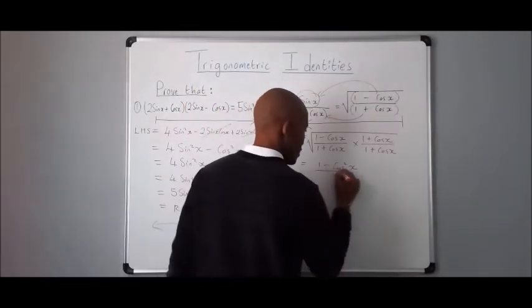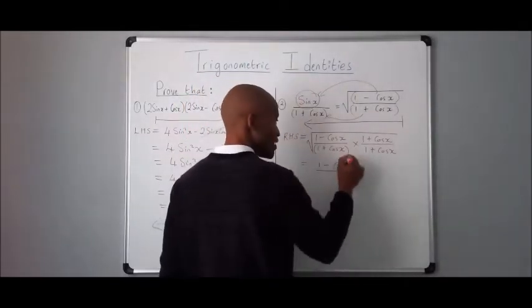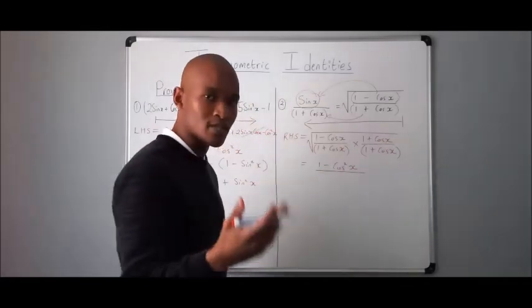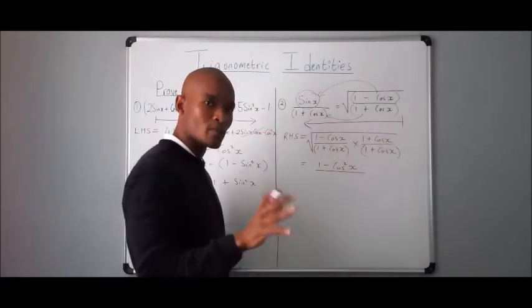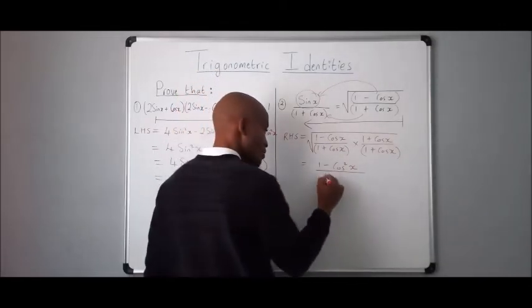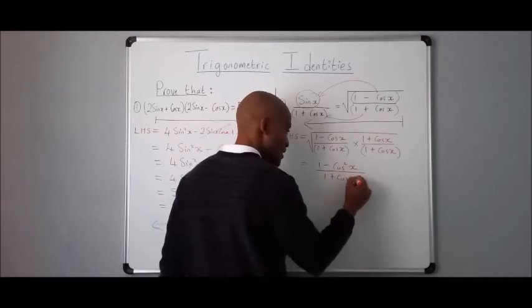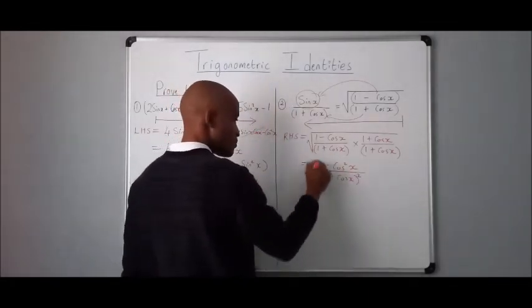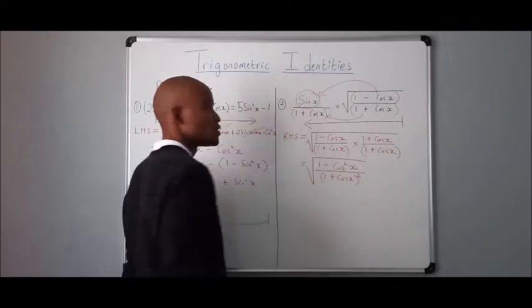Now look at this one. It is something times itself. So just like x times x is x squared, 1 plus cos x times 1 plus cos x will be 1 plus cos x all squared. Everything is taking place inside the square root.